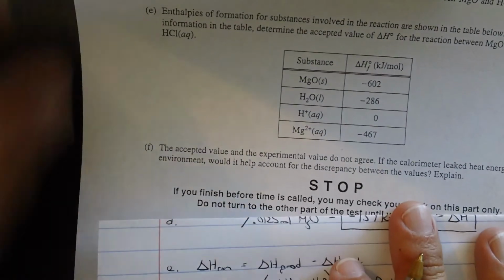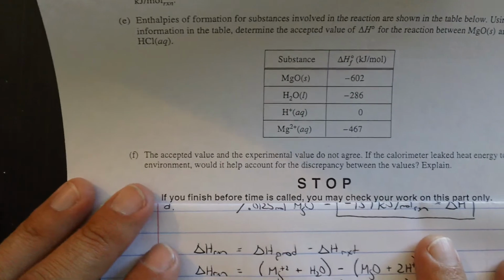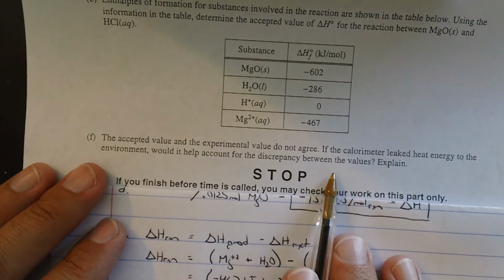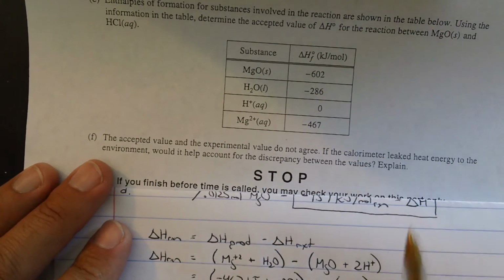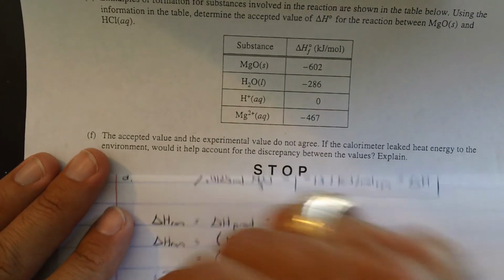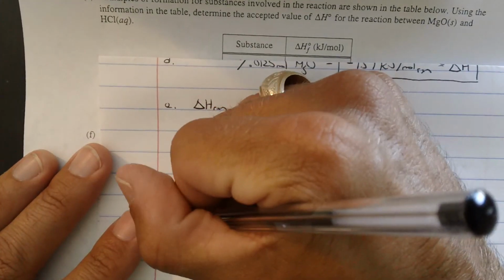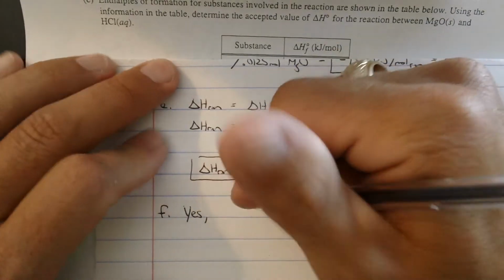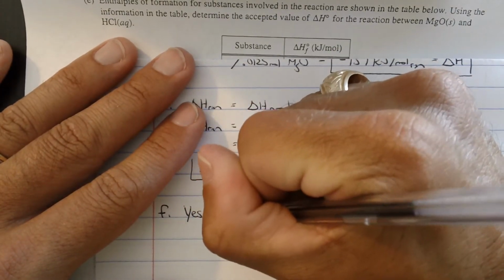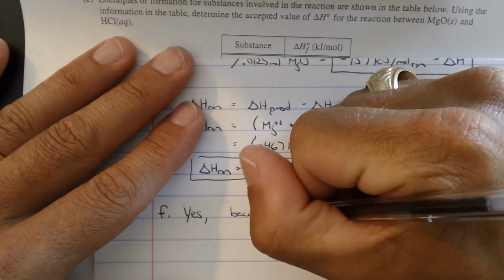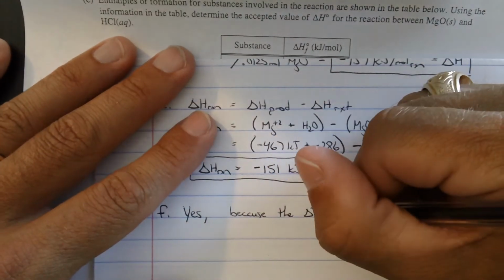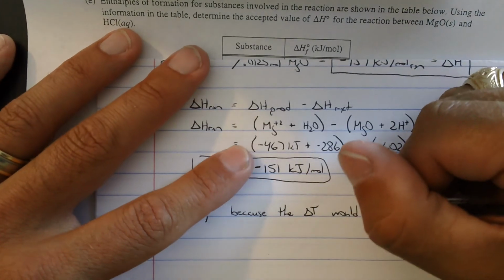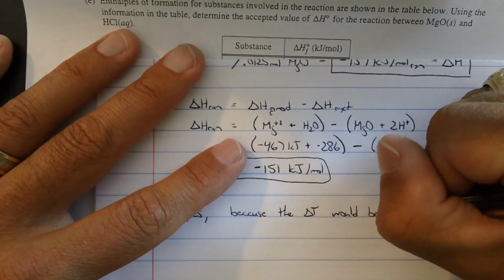Part F says the accepted value and the experimental value do not agree. If the calorimeter leaked heat energy to the environment, would it help account for the discrepancy between values? Explain. The answer is yes. If it leaks heat, it would, and the reason is because the change in temperature would be recorded as smaller than it is.